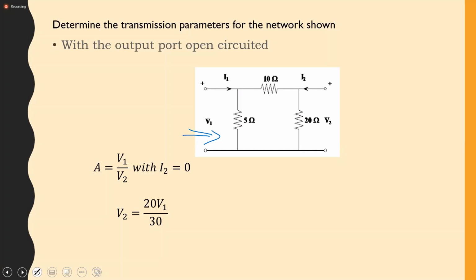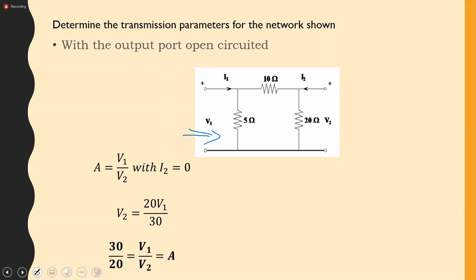But this is where you now need to be careful. What we are interested in is V1 over V2. So I now need to rearrange to get 1 over 2.